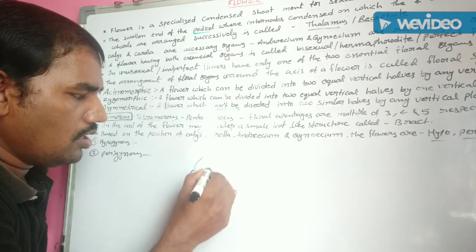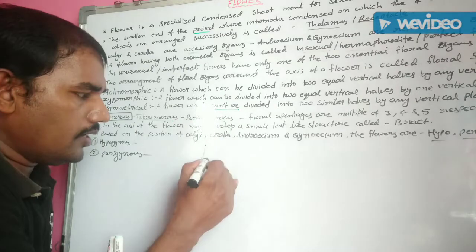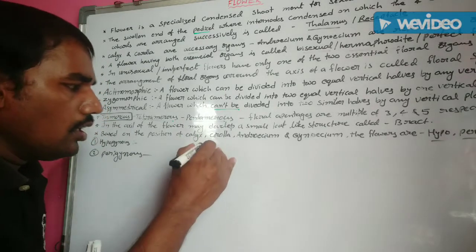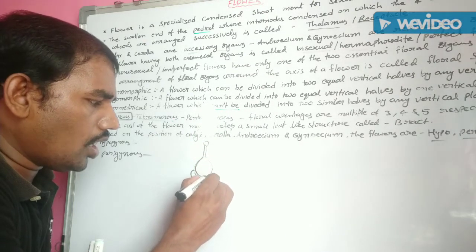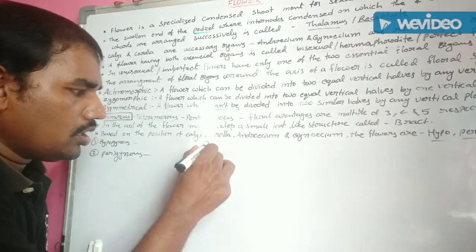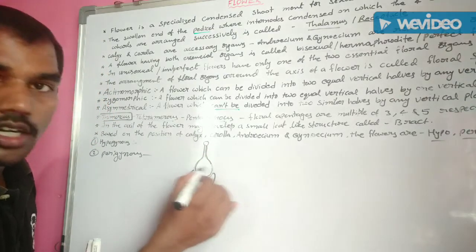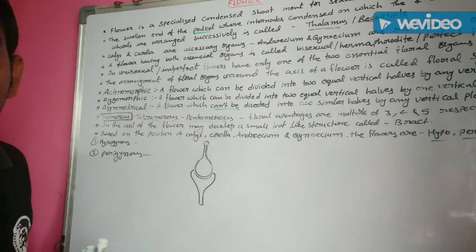This one is the ovary, style and stigma. This way the gynoecium is arranged in the cup-shaped thalamus. That means the remaining floral parts are located on the rim of the cup-shaped thalamus.